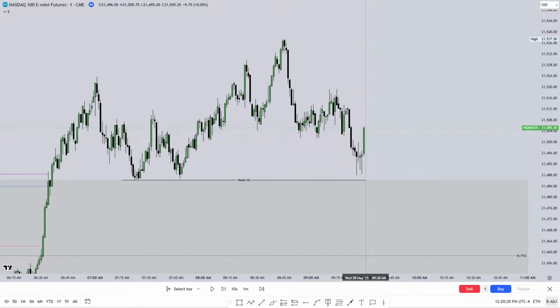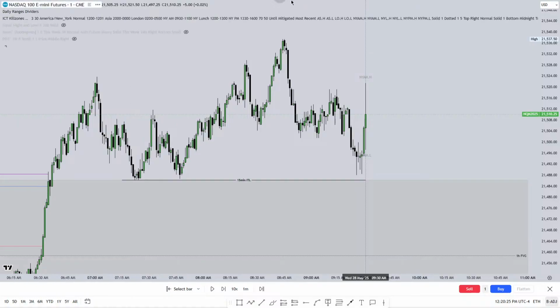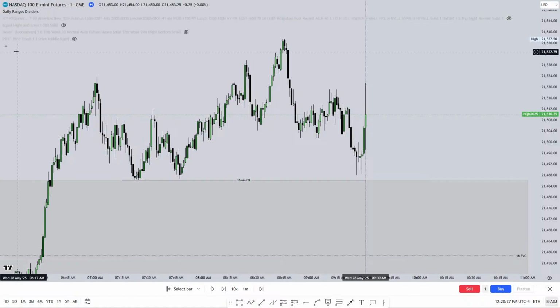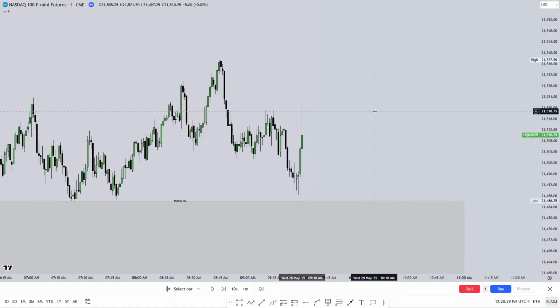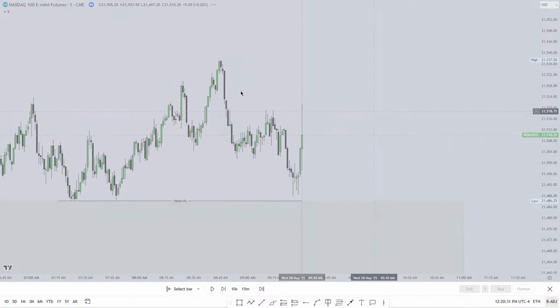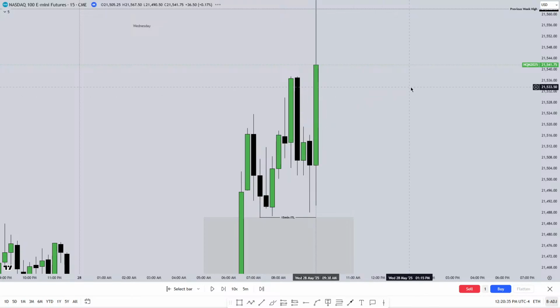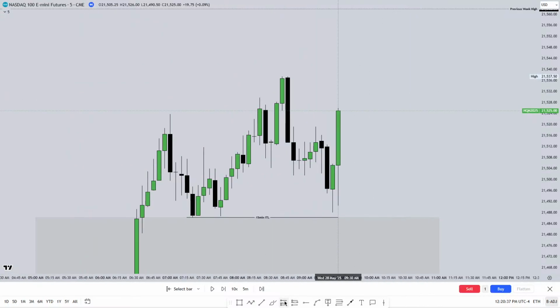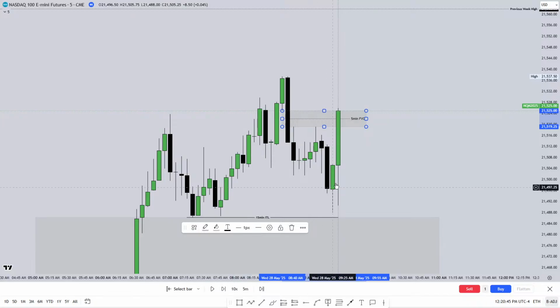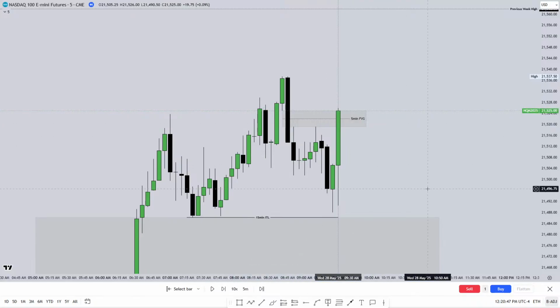Excuse me. All right, so I want to see us move lower. Let's get this out of the way. There must be a 15 or a 5-minute up here. Okay, so there's no 15. There is a 5-minute right here, closed right at that.